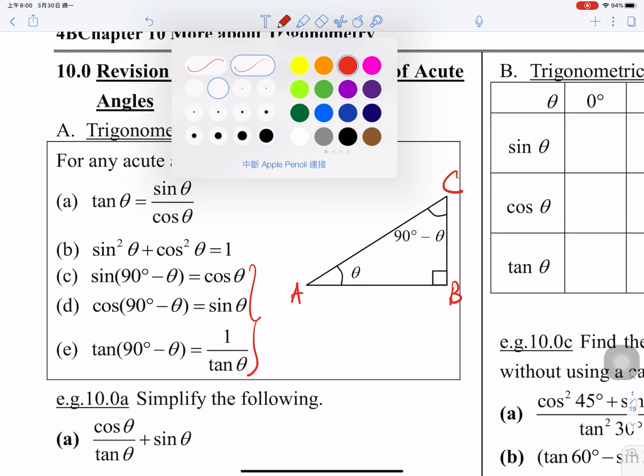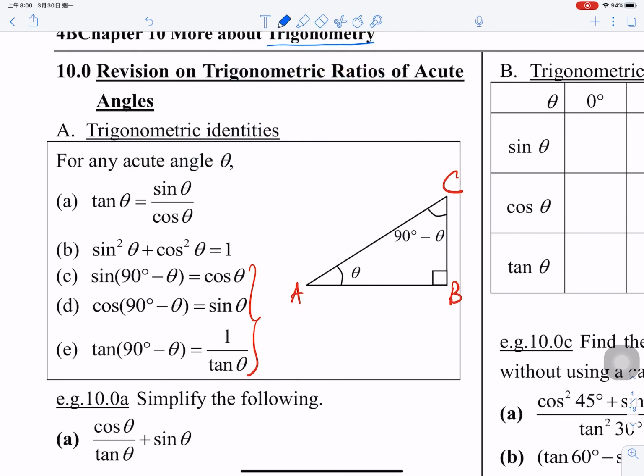Maybe this one is A, this one is C, and this one is B. Okay, so can you tell me what sine theta, cosine theta, and tangent theta are? Let's see. Sine theta is A over B, correct?